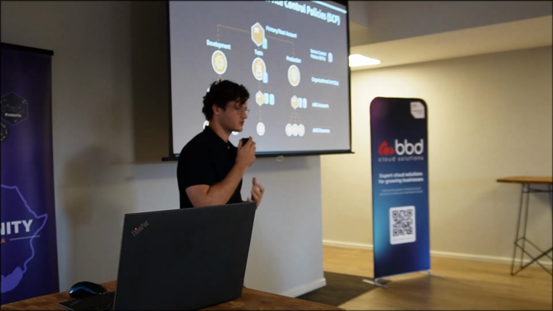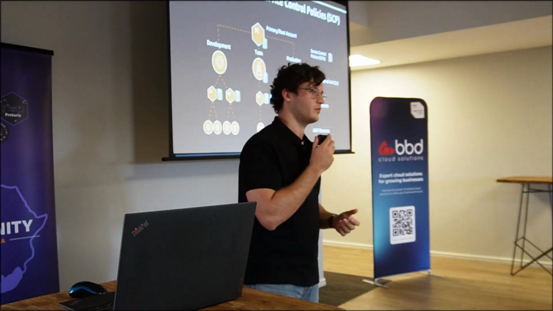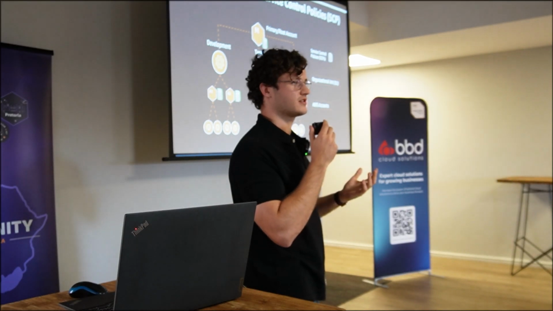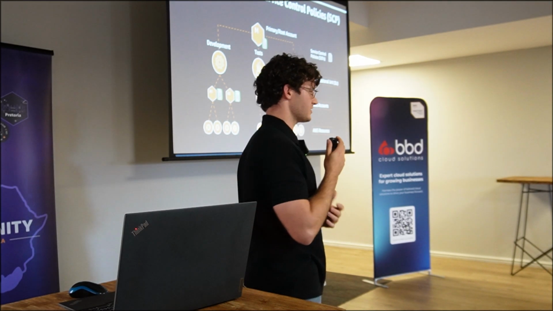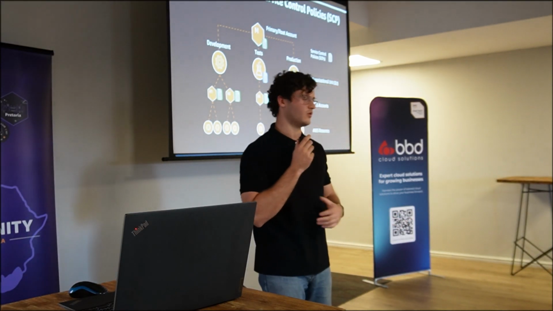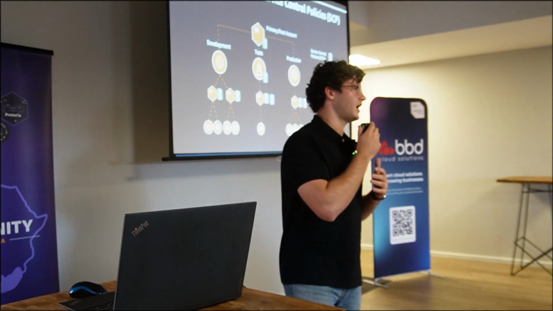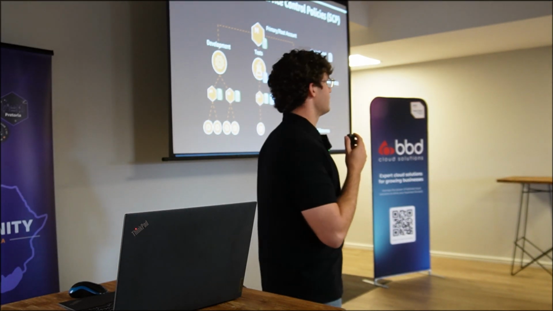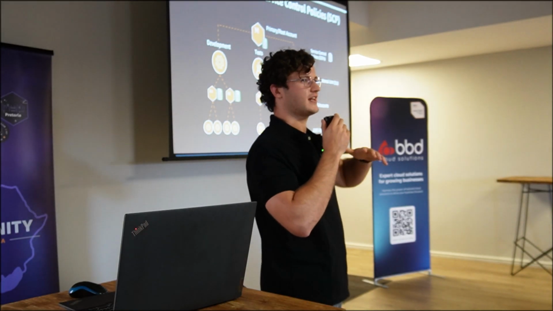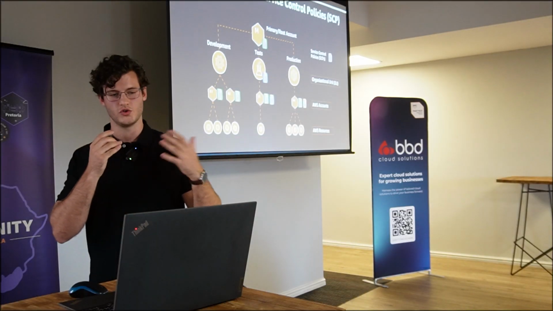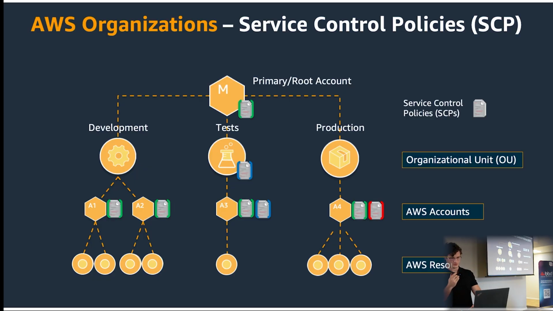Now, a good example of a service control policy can be something like denying all publicly accessible S3 buckets. Or it can be something like denying the use of the root user, or denying the use of unencrypted EBS volumes, stuff like that. So think about the service control policies as being attached on the organizational level: the account level, the OU level, or ultimately the root level.